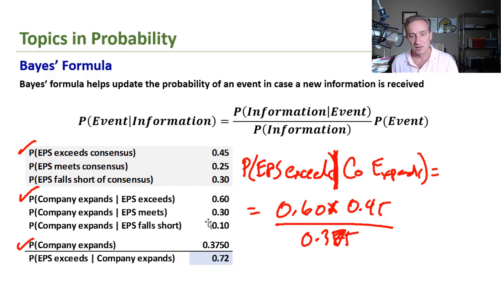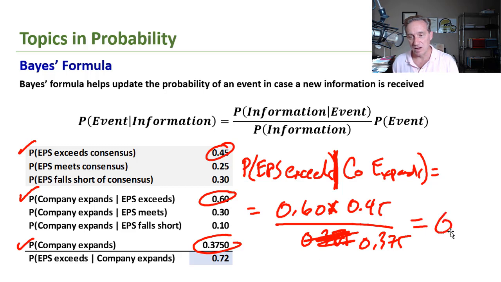So I have here in the numerator 0.6 multiplied by 0.45 divided by, that's not very well written, sorry, 0.375. Here will get me my 72%, the conditional probability that EPS exceeds, given the observation that the company expands.